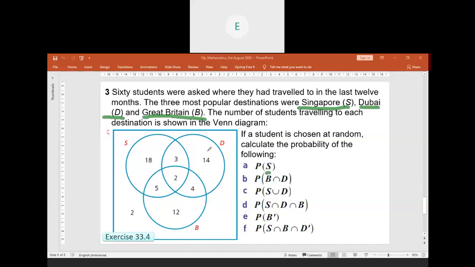Yes, because it is S, we have to take the full circle of S. This is the circle of S. We need to add all of them. So 18 plus 3 plus 5 plus 2, in total it will be 28. So the probability will be 28 out of how many? 60. Okay, good job.